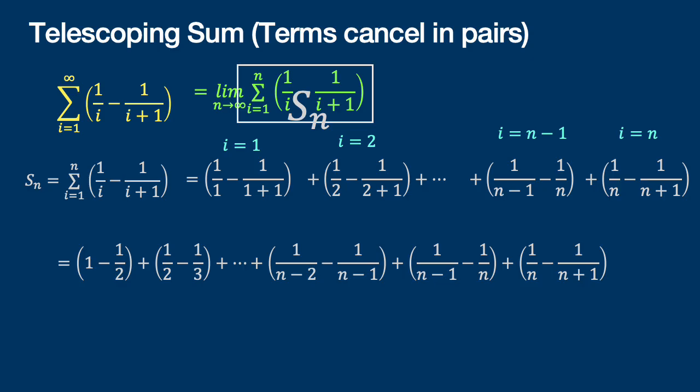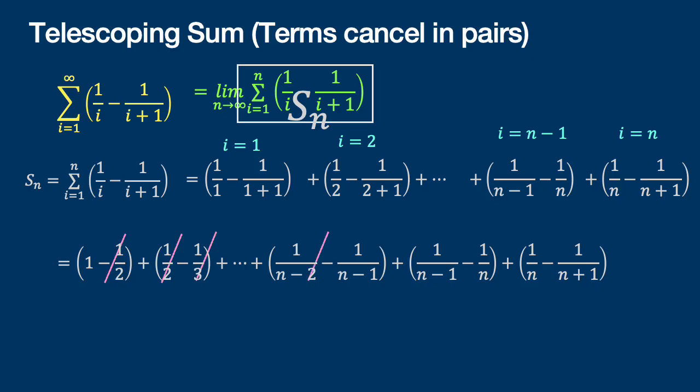What do you see, guys? Can you cancel out the first term and the second? The 1 over 2 cancels out. The first one cancels out, 1 and a half, 1 and a half. The 1 over 3 cancels out with the first term of the next parentheses. The 1 over n minus 2 probably cancels out the previous parentheses' second term.